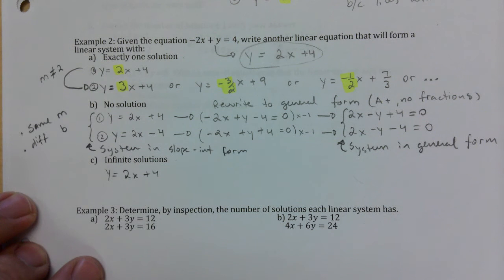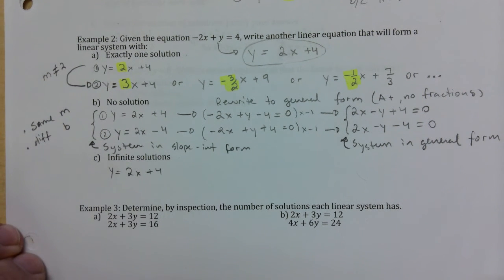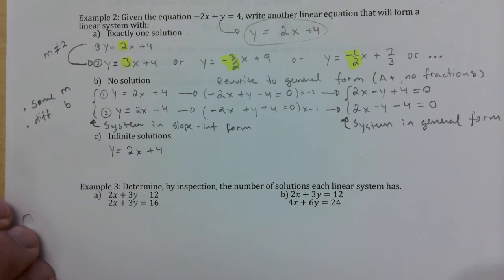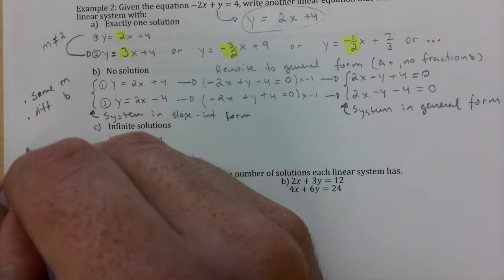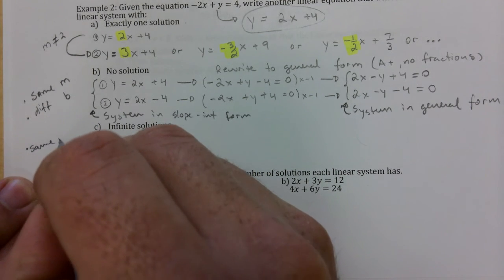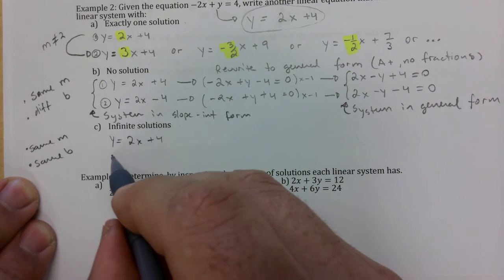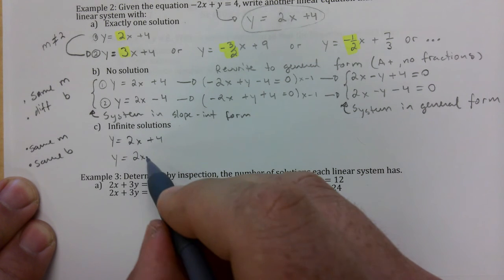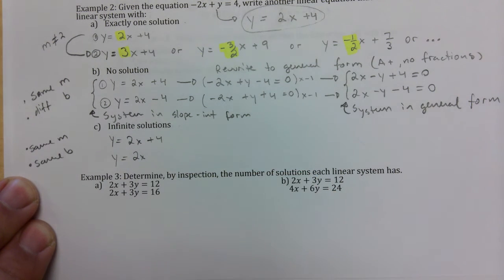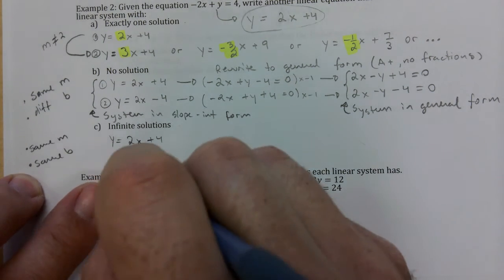All right, infinite number of solutions. We want same m, same b. Okay, so we're just going to do this 2x. We're going to create a copy.